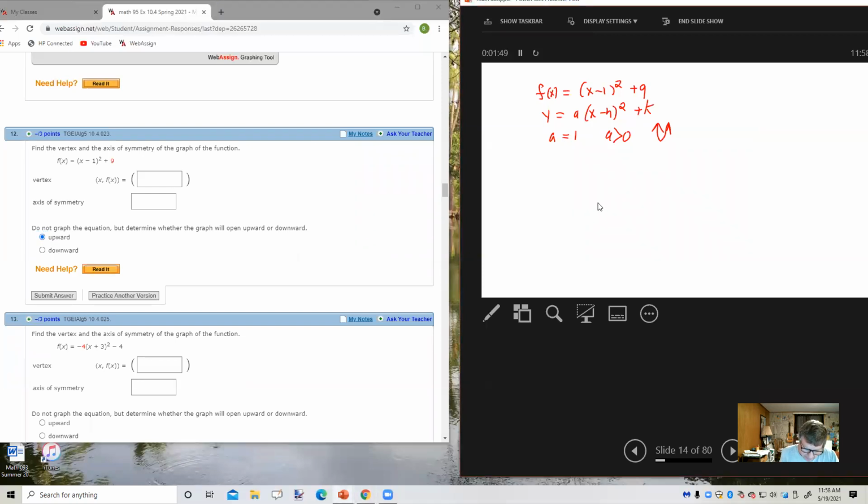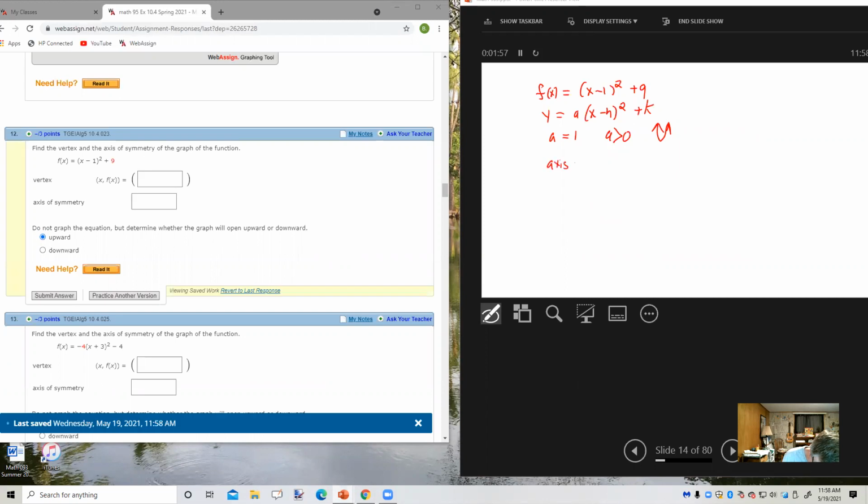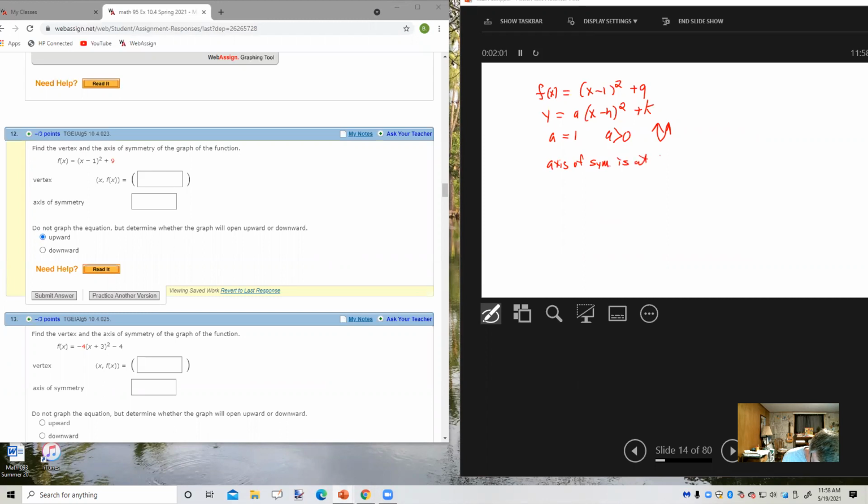Now the axis of symmetry is at x equals h. In this case, h is 1. In fact, h is 1 and k is 9. So it's going to be at x equals 1.